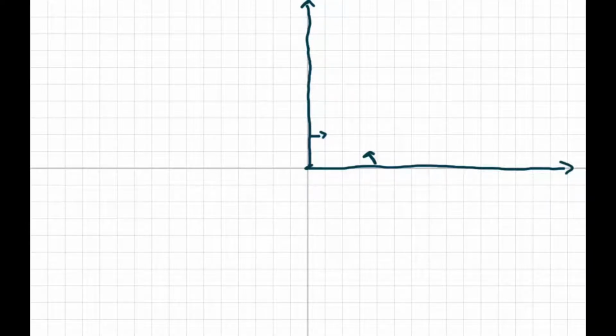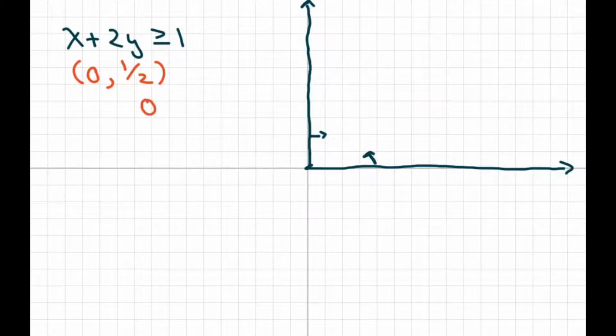The first equation we had was x plus 2y is greater than or equal to 1. So I'm going to use my x and y intercepts. When x is 0, y is going to be 1/2. And when y is 0, x is going to be 1. So it's right in here, and I'll graph that.